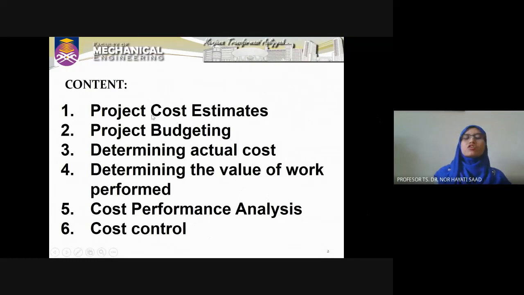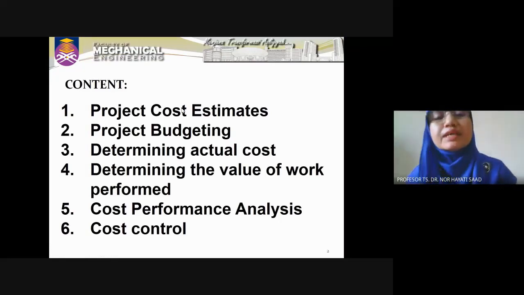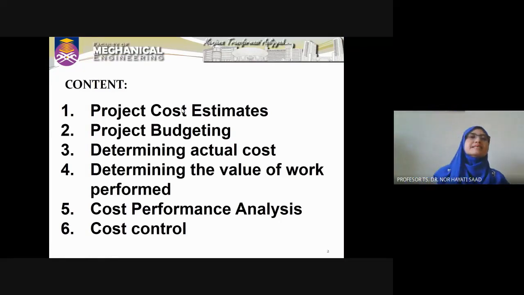With project cost estimate, we want to estimate the detailed costs, how much we incur: the material cost, manpower cost, to estimate the overall resources and the overall expenditures for the entire project.